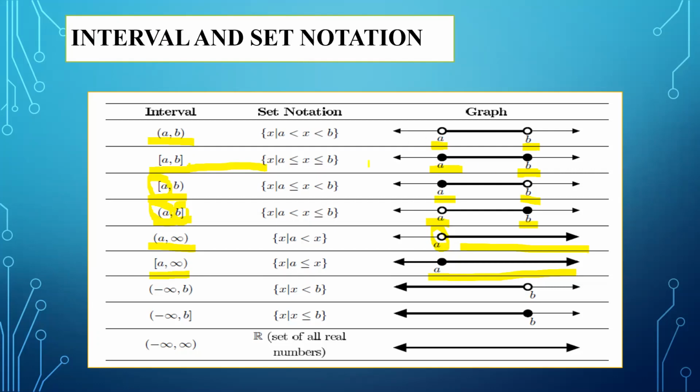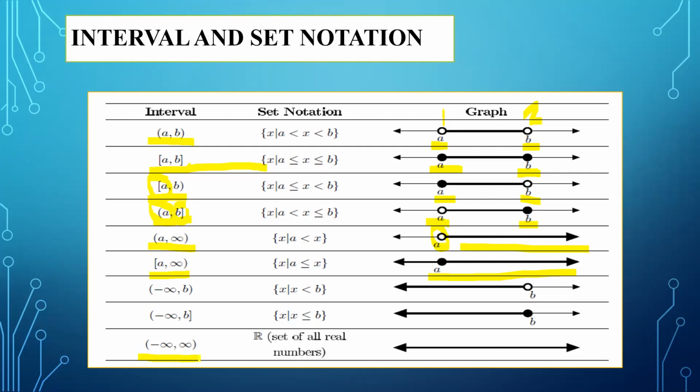So for example, if a is 1 and b is 2, in the open interval (1, 2), it is all numbers from 1 to 2, but 1 and 2 are not included. Then last one, we have here the set of real numbers.